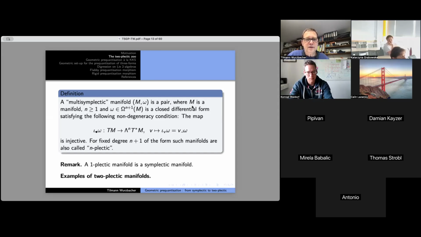There is quite some work nowadays also on what is called pre-multisymplectic, where you simply take a closed (n+1)-form, and certain constructions work there. One should be aware of the following problem: if you plug in not a tangent vector but a bivector, V wedge W or something like this, then it's not injective. I think the Spanish school speaks of one-non-degenerate, two-non-degenerate, and so on.